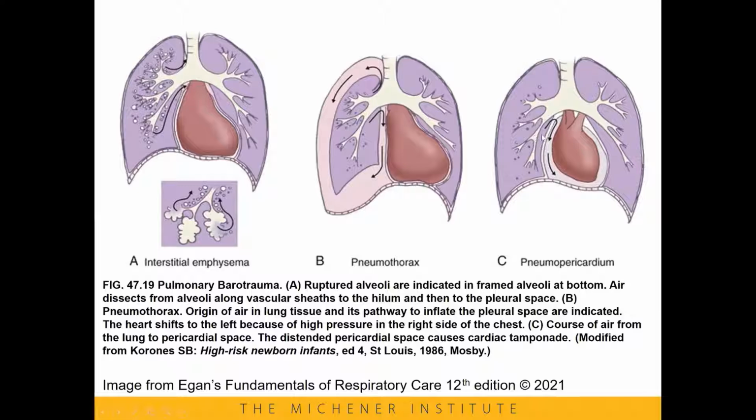I don't have another slide on pneumopericardium, but you can see the gas is actually gathering around the sheath of the heart and compressing the heart, which can lead to cardiac tamponade and different issues with hemodynamic stability.